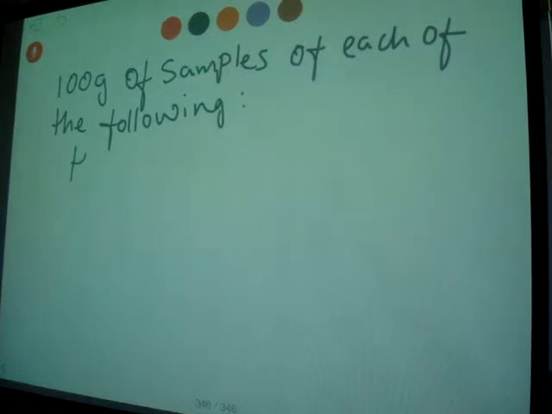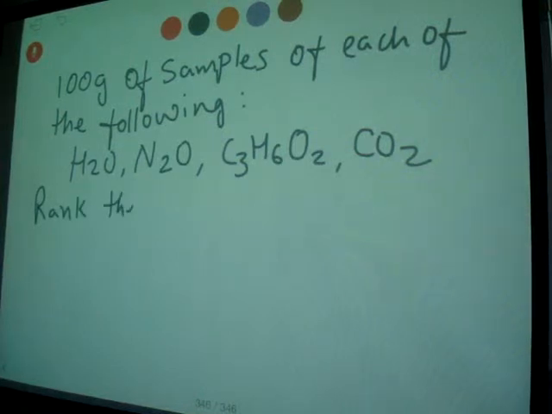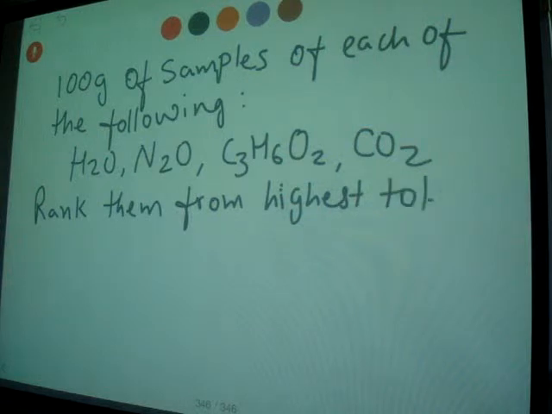We have H2O, N2O, C3H6O2, and CO2. We need to rank them from highest to lowest percent of oxygen by mass.